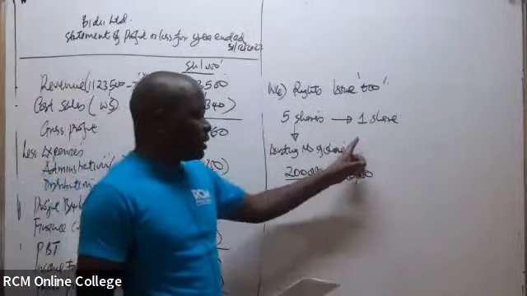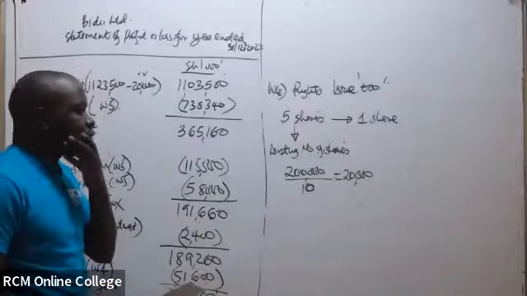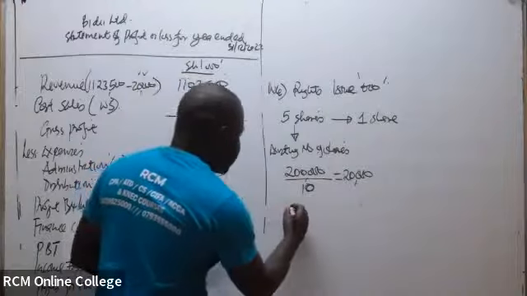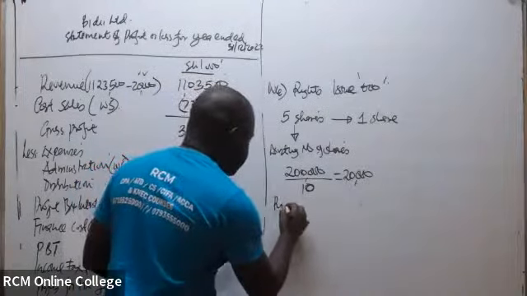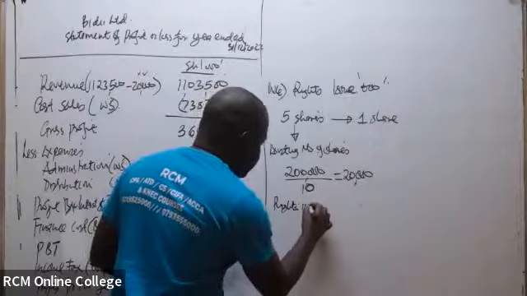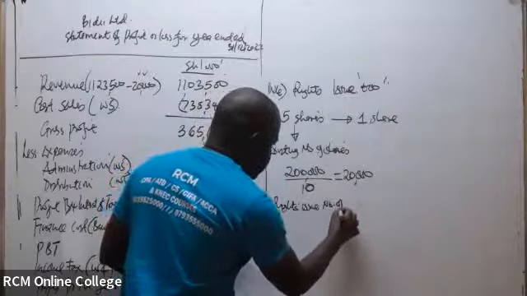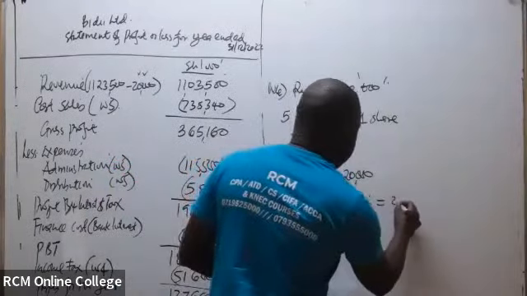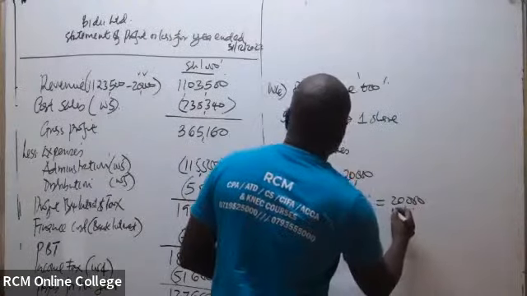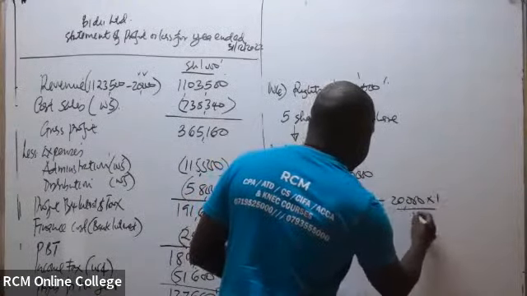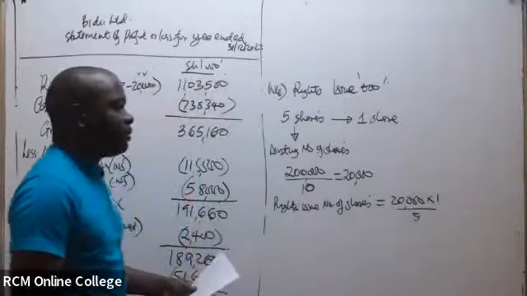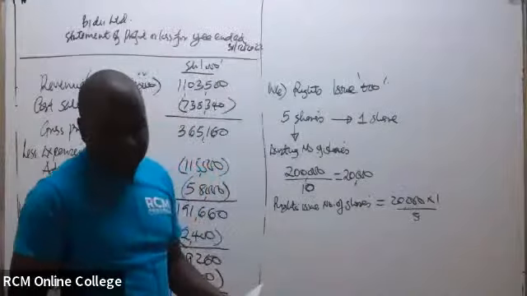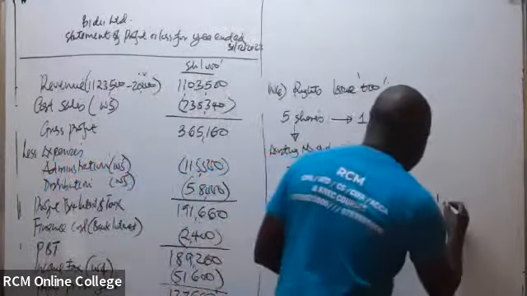To know how many shares were issued in terms of the rights issue, we take 20,000, multiply by 1, and divide by 5. That gives us 4 million.